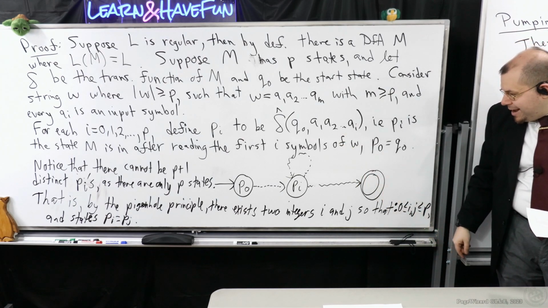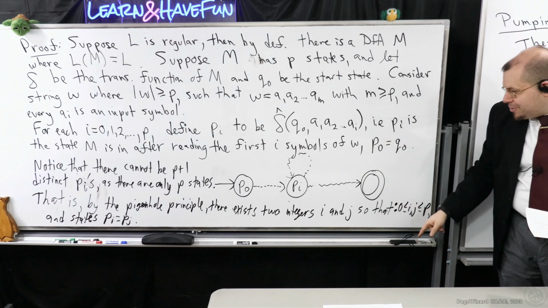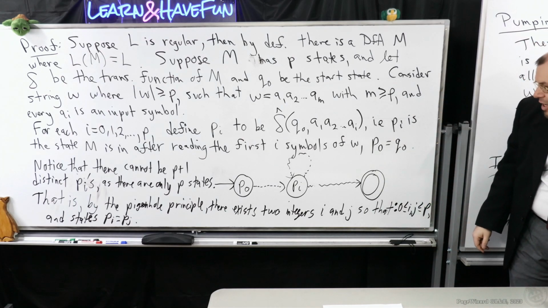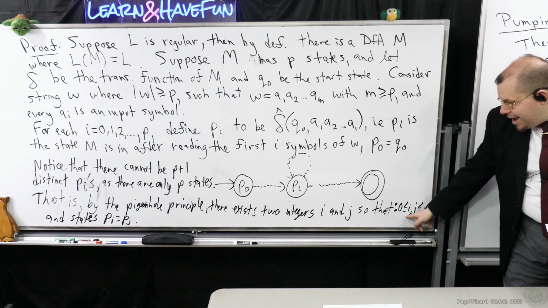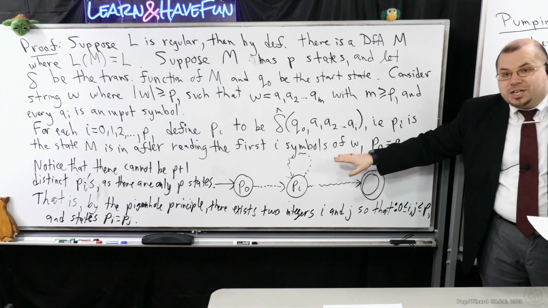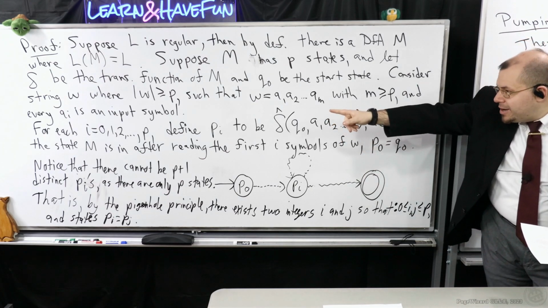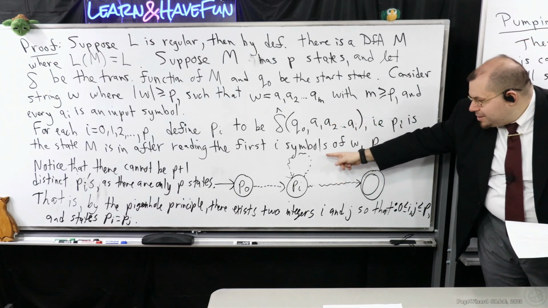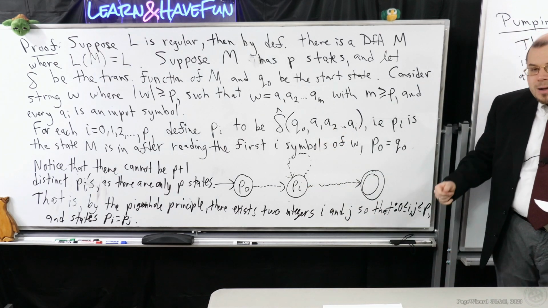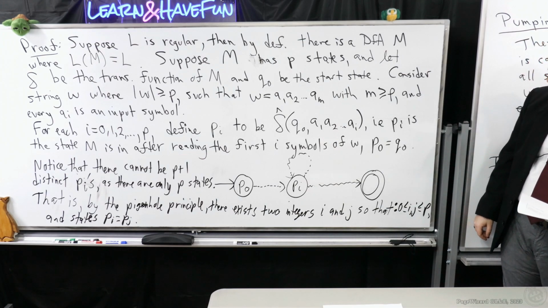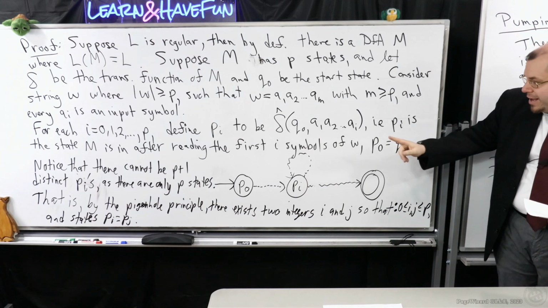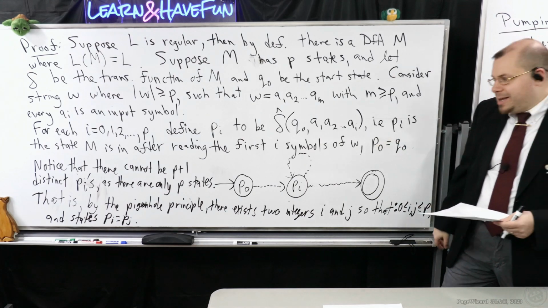What I'm saying is that because of the pigeonhole principle, there's going to be 2 indices, 2 integers, i and j, such that Pi is going to be equal to Pj. So when I come around with my stickers, when I labeled Pi and Pj, they're going to land on the same state. Is that clear, everybody?